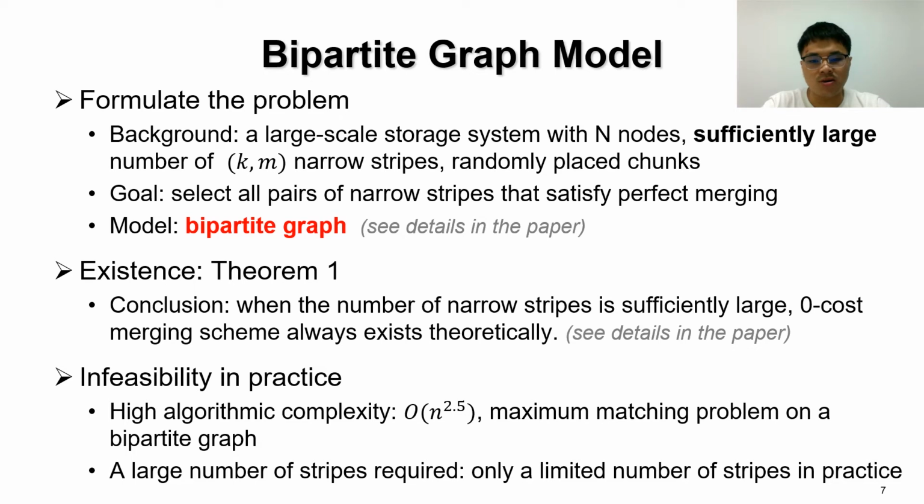Interestingly, we found that there are also some gaps between the theory and reality. Firstly, our problem can be transformed into the maximum matching problem on the bipartite graph, but its high complexity leads to an obstacle. Secondly, a large number of stripes are required in theory, but only a limited number of stripes exist in practice.